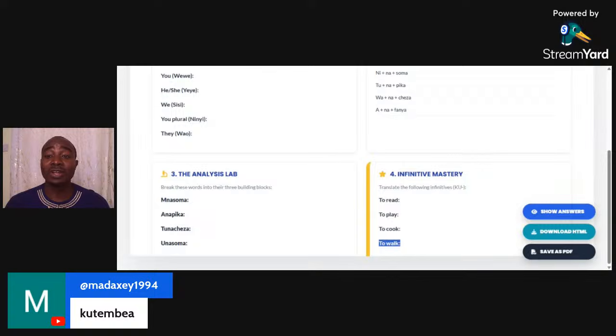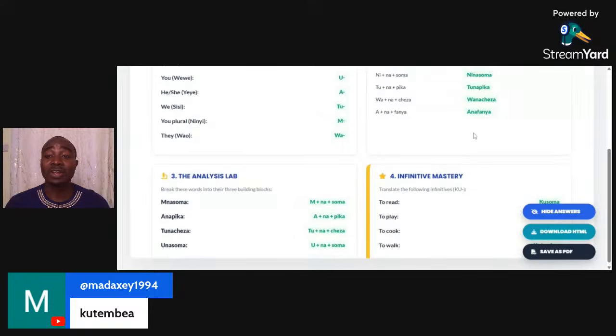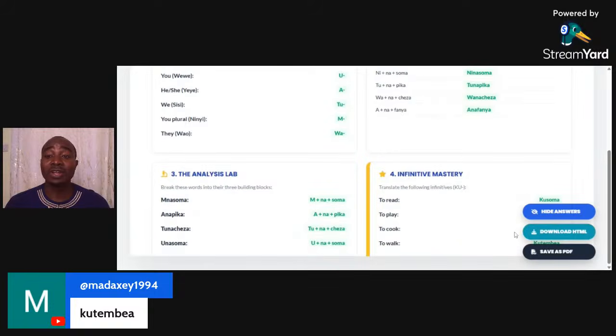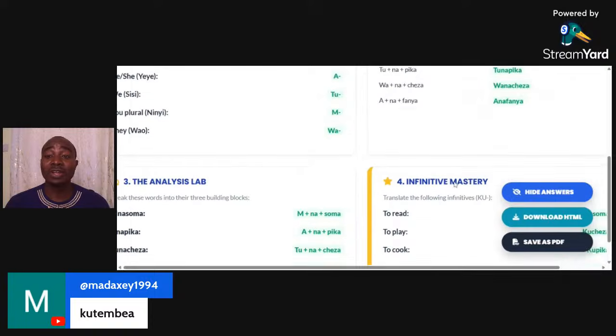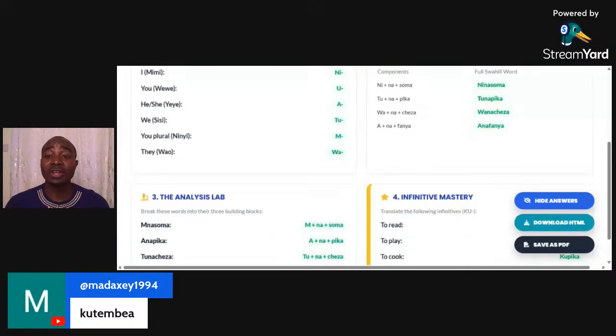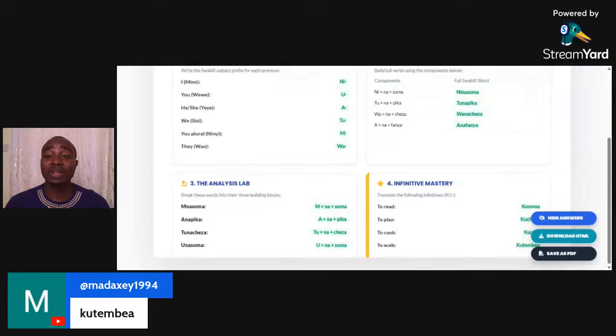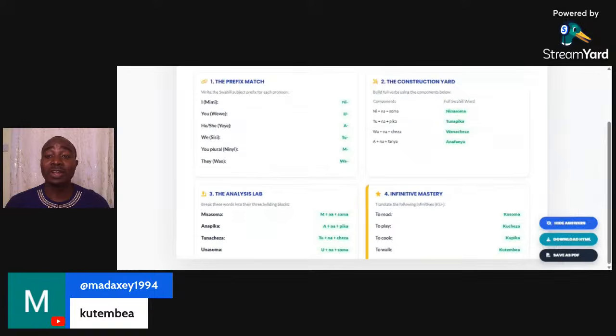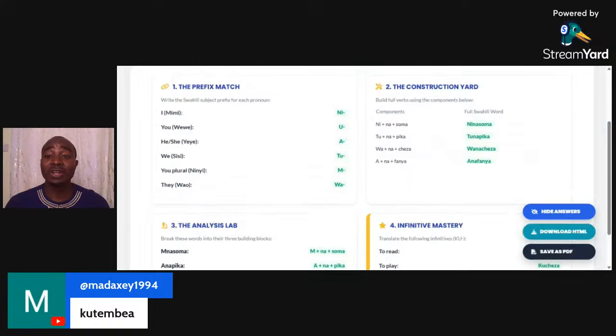So we are very correct for the verbs. Kusoma, kutembea. Every sentence is very correct. Kusoma. Sawa, asante.